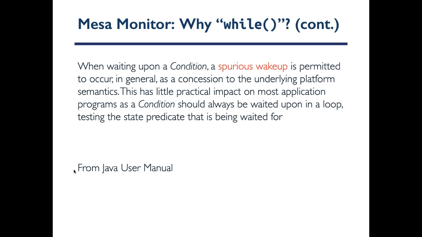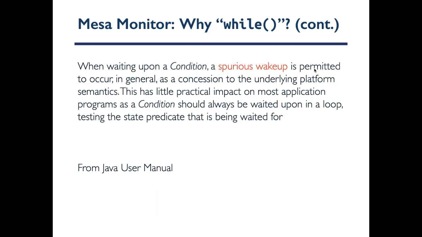Now, there are other reasons for you to use while in a Mesa implementation, other than the example that I just showed you. This is from the Java user manual, and this is how Java implemented monitors. They say that when waiting upon a condition, a spurious wake up is permitted to occur. Basically, what that means is you could wake up for no reason, even if nobody has signaled.